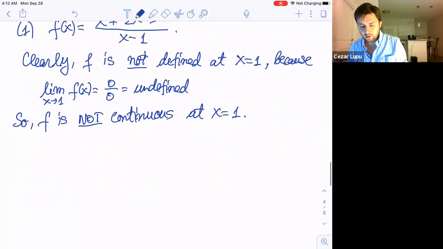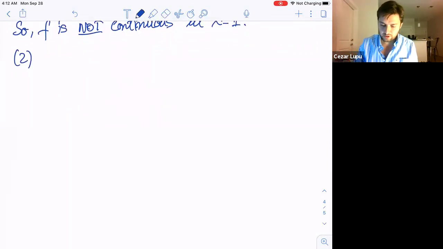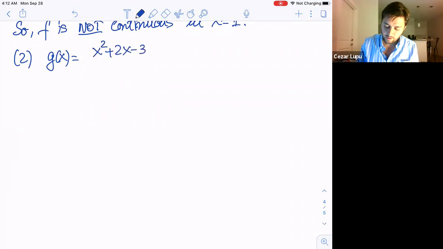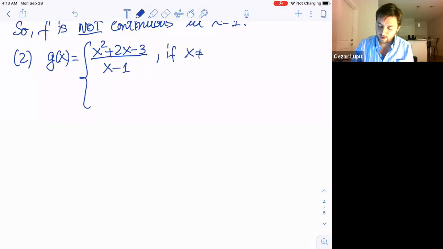Okay, now this was easy. Let's see another function, the second example. Let's take g of x to be the same function, x squared plus 2x minus 3 over x minus 1, but now I'm going to tweak it a bit. This will be a piecewise function: equal to this rational function if x is not equal to 1, and equal to 6 if x is 1.